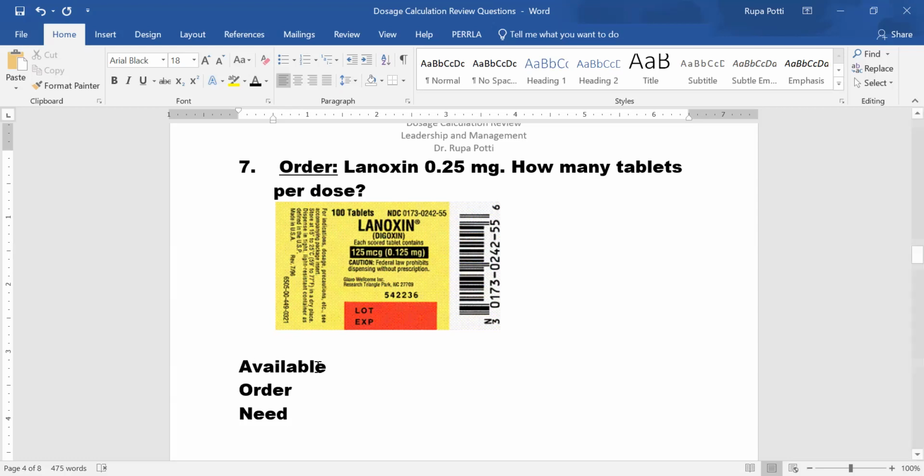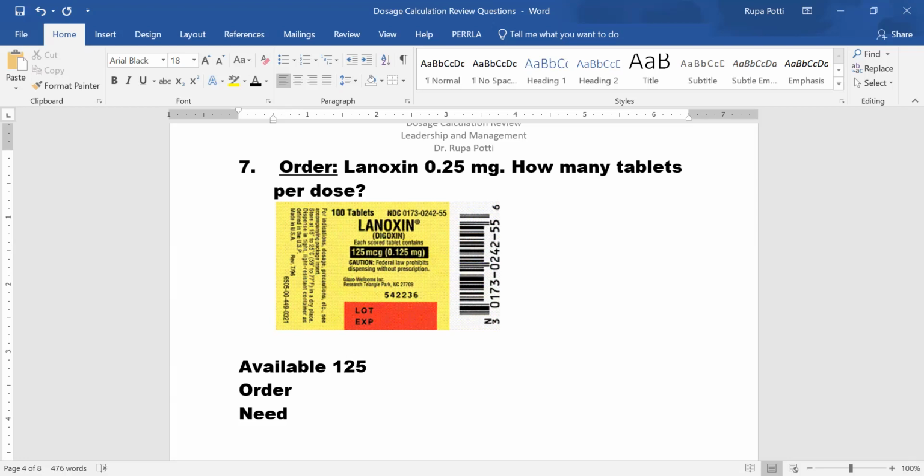When I'm looking at this particular one, available, what is it that I have available? I can either take milligrams or micrograms. It really doesn't matter, but I'm just going to take micrograms at this time, because in this way I'll be able to show you how I set my problems up. So what is available for me? I have 125 micrograms per tablet.